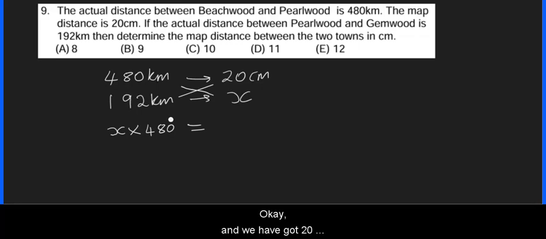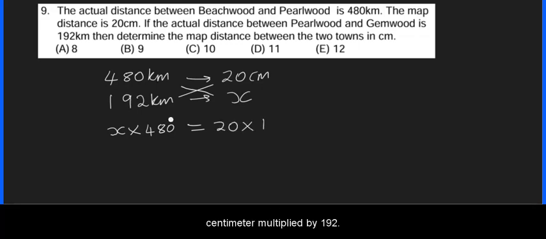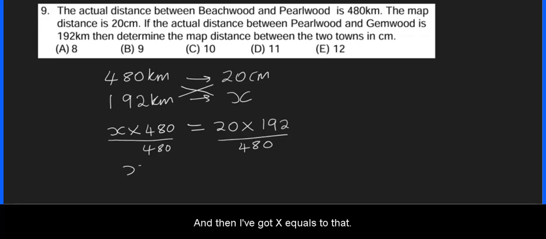And we have 20 centimeters multiplied by 192. I don't want this 480 this side, so I divide by 480 on both sides, and then I've got x equals that.